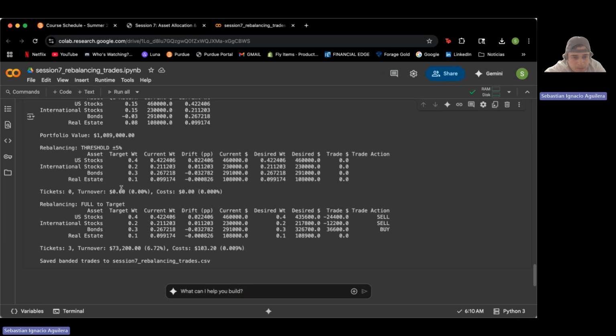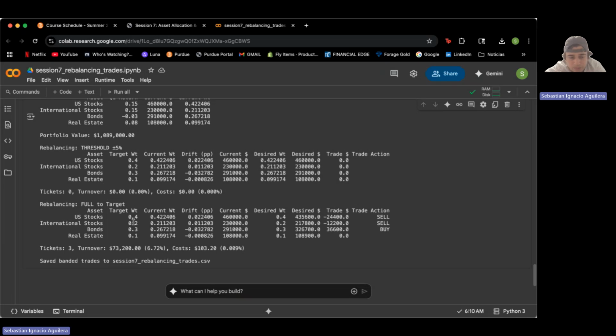So for US stocks, as I mentioned, 4% drift, international stocks 2%, bonds 3%, and real estate 0.1%. As you can see, the tickets were zero, turnover zero, 0%, cost zero.